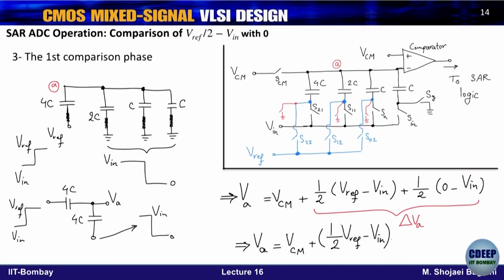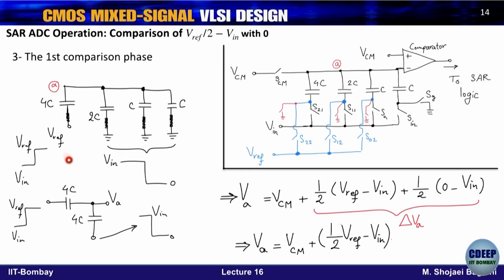So let's say the first comparison phase. The first comparison phase is the comparison of VREF upon 2 minus Vin with 0, right? That is what we want to generate. Minus Vin is already generated with VCM minus Vin, so that's not the point. Here we want to generate VREF upon 2 added to the VCM minus Vin. So what is VREF upon 2?